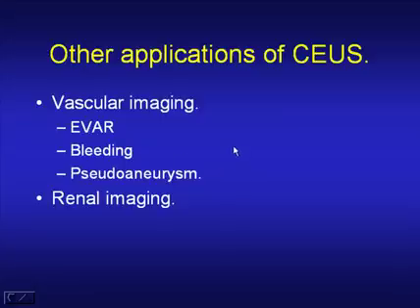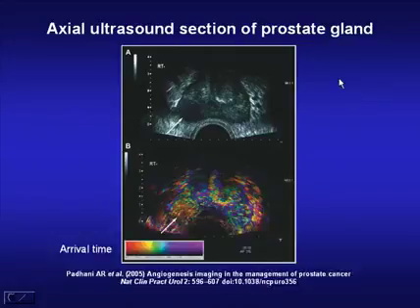So just as with CT, you wouldn't perform an abdominal CT without the use of contrast. Certainly we're getting close to the point where with ultrasound, if we have significant lesions or significant pathology to investigate, contrast-enhanced ultrasound is equally important as contrast in CT. But the research possibilities are continuing to grow.